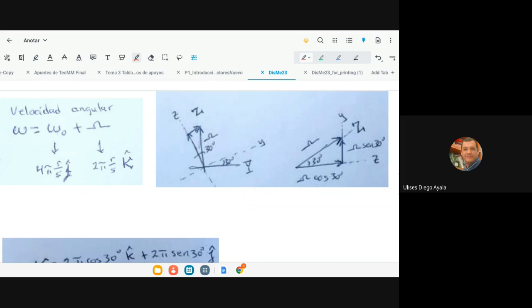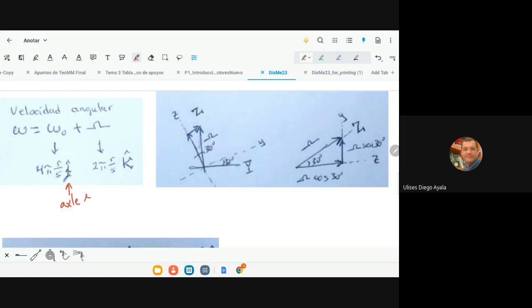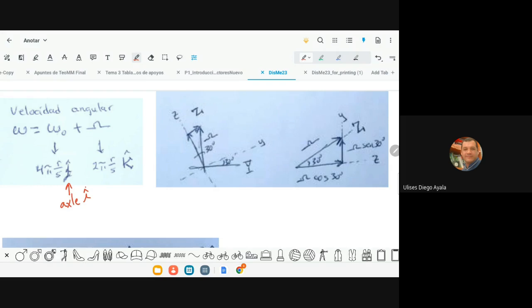Another thing is the angular velocity. The angular velocity is the addition of the two rotational speeds. The tricky point here is which axle you have. This is why the lower and capital letters make the difference.